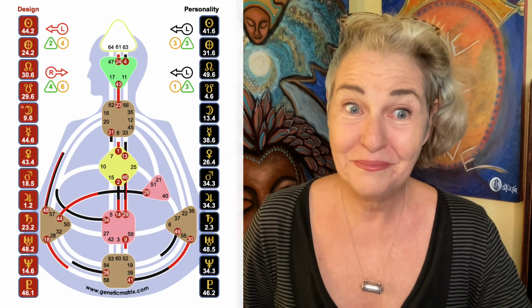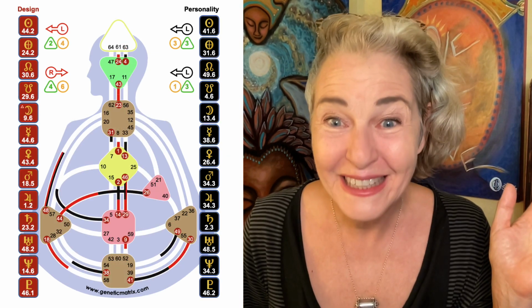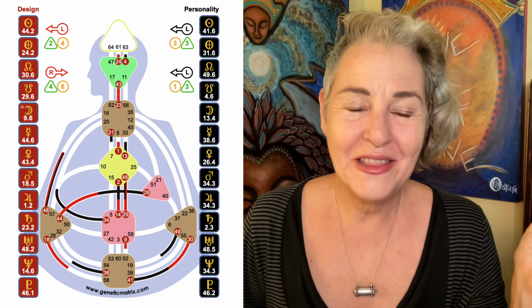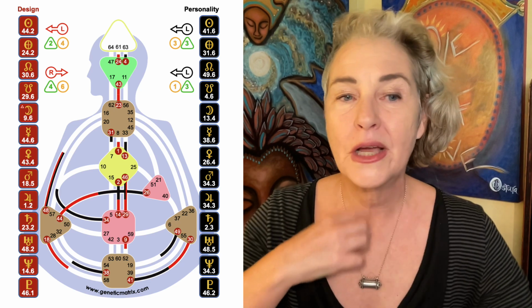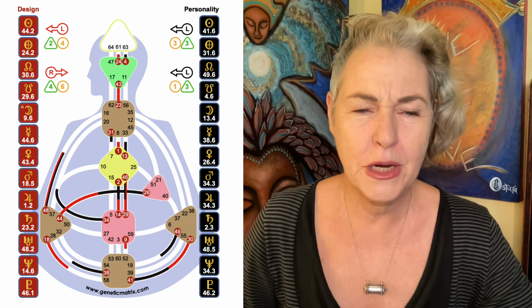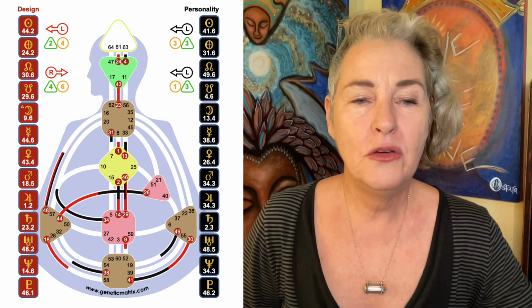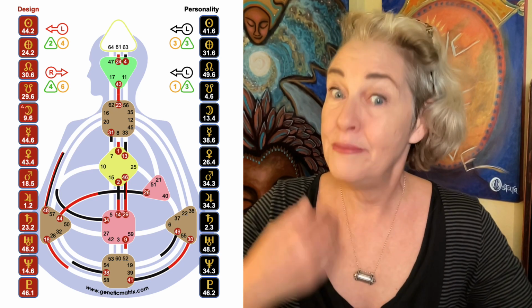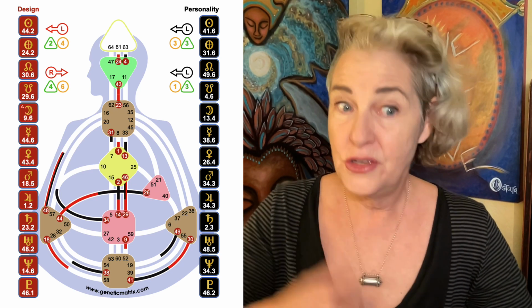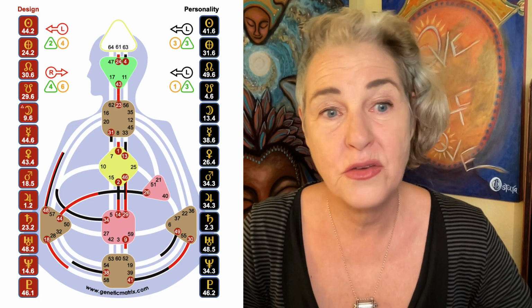Now this person is a quadruple split, and I wanted to show you one of these. So let's take a look here. You can see that the ajna and the throat are connected here through the 43-23, right? And then you've got the G center and the sacral center connected by 2 channels, actually, the 2-14 and the 29-46.